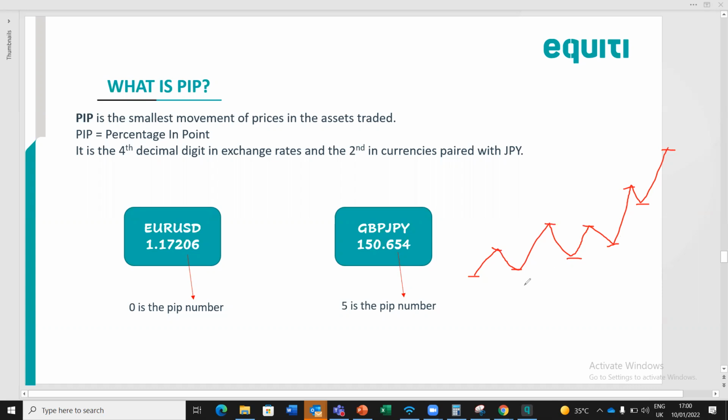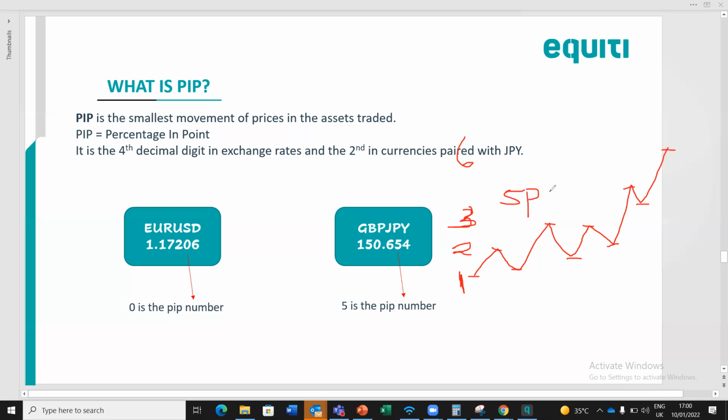So if the market moved from price level one to price level two, we say that it has moved 1 pip. I'm going to explain this more using the charts. If it moves to three from one, we say it has moved 2 pips. If it moved from 1 to 6, we say it has moved 5 pips.